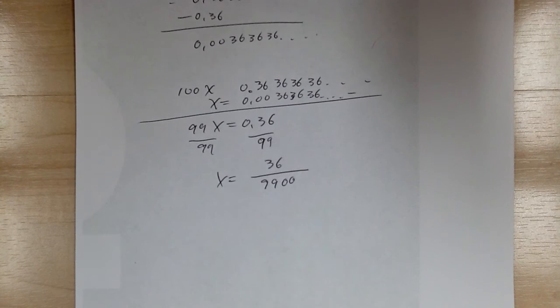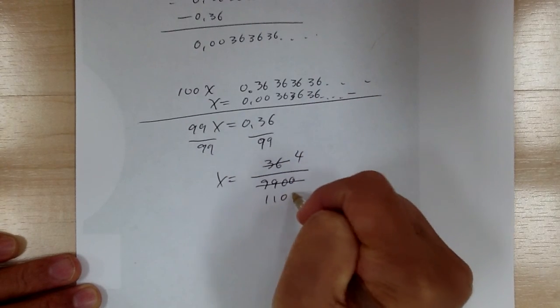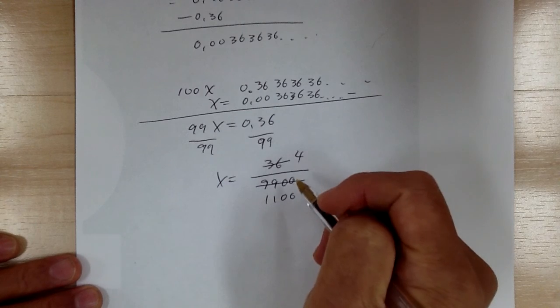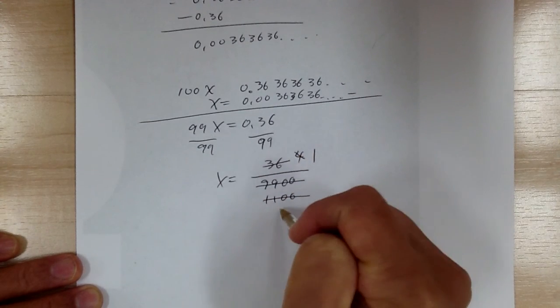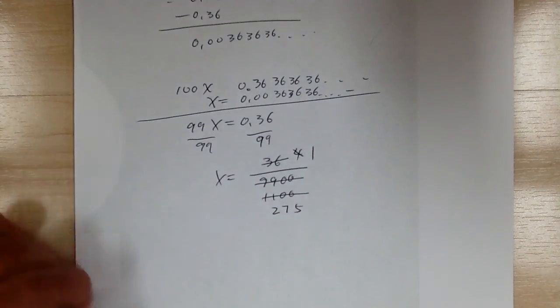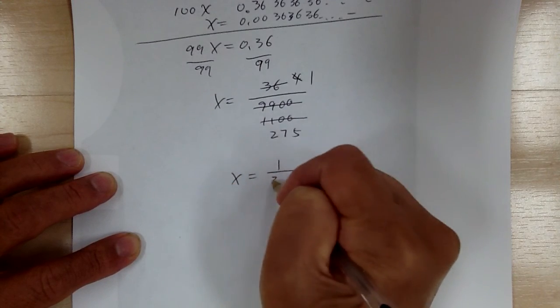And then go ahead and reduce by 9, so it'll be 4 over 1100. And this one can reduce by 4, so divide by 4, you get 1, divide by 4, you get 275. So the difference between them is equal to 1 over 275.